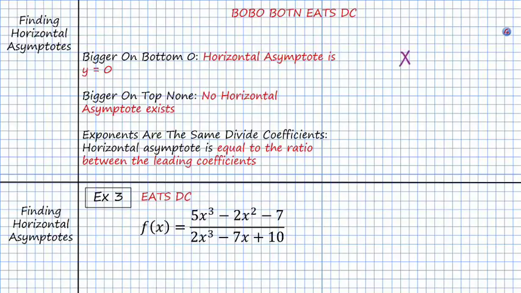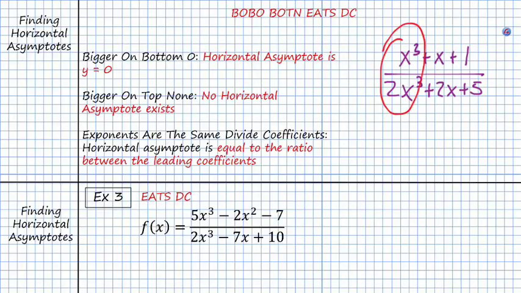So I have x cubed plus x plus 1 over 2x cubed plus 2x plus 5, right? So as far as a horizontal asymptote goes, all I need to focus on is this first pair of terms here. So I just have to determine if the exponents match.